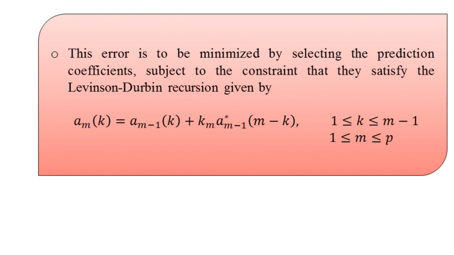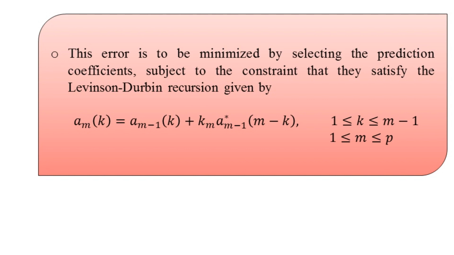So in this mathematical expression, the new term introduced into the second term of the RHS is capital K suffix m. This is basically a suffix m of m, the mth reflection coefficient. So capital K denotes the reflection coefficient in the lattice filter realization of the predictor.